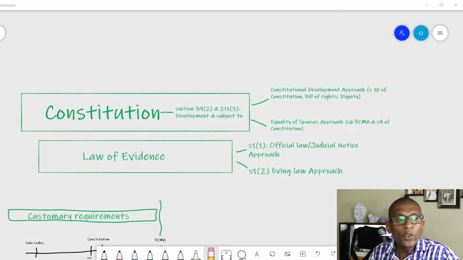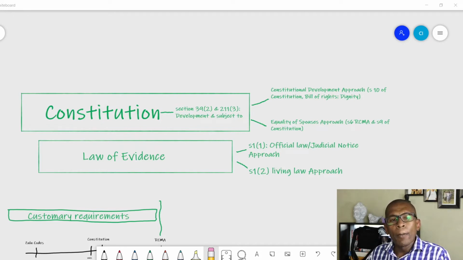So, through the law of evidence, you've seen how courts can apply the official law approach, and that kind of tends to lead to non-validation of marriages, because it's very sort of fixed. And if you don't qualify for that, the marriage seems to be null and void, basically. And then the second approach was the living law approach.